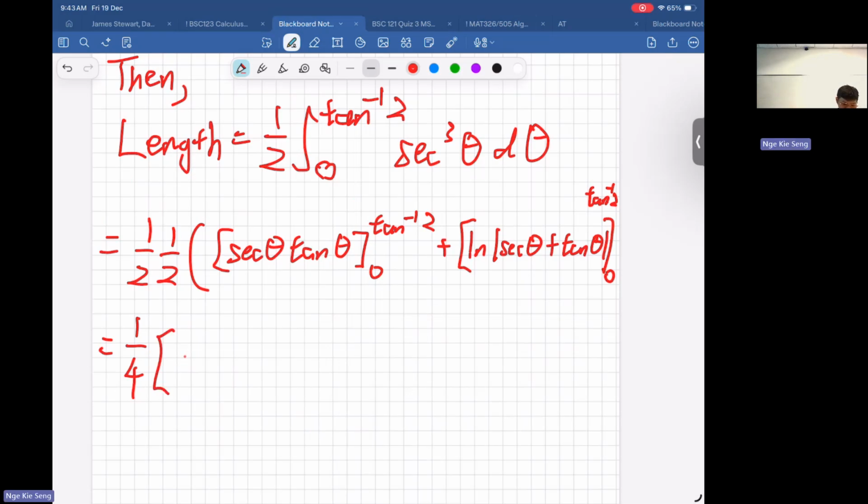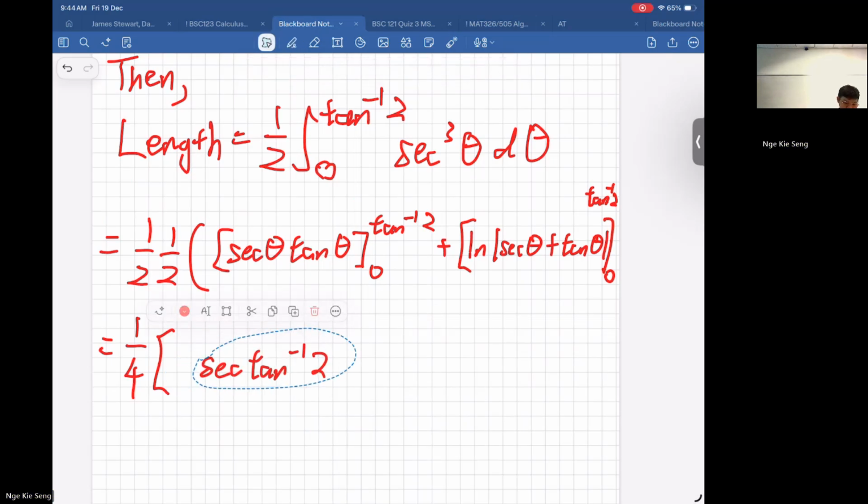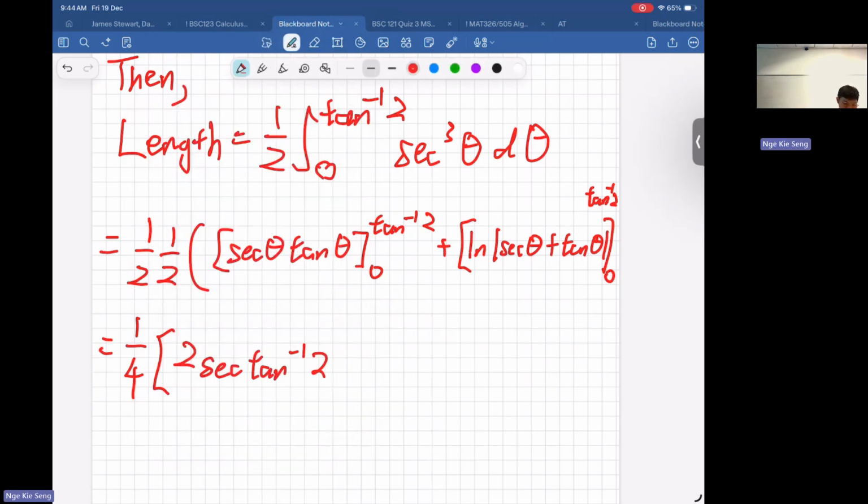So what do we get? Secant of tangent equals 2 times everything times 2, plus tangent inverse. And tangent 0 is 0, so we don't care.